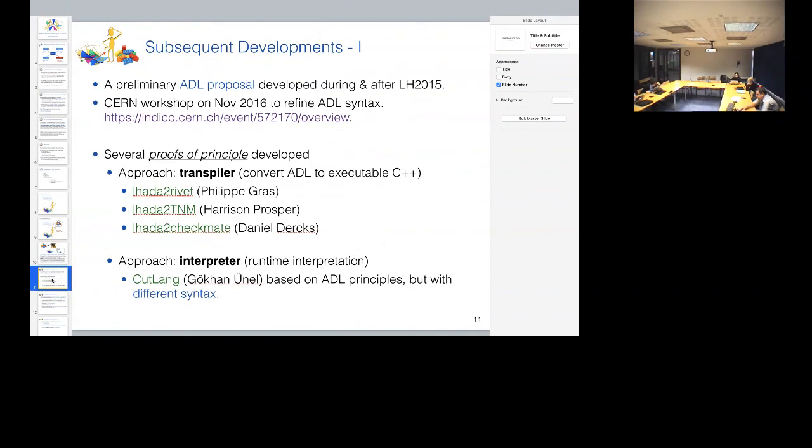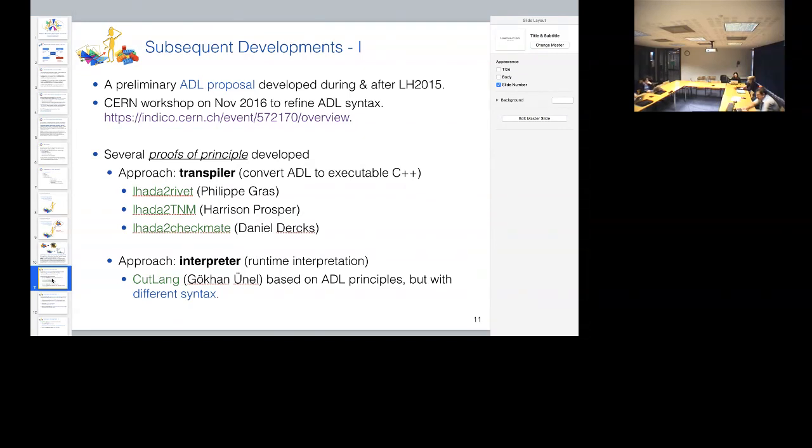And at that workshop, it was decided that really the only way to make real progress was to actually try to implement proofs of principle of this idea, by which we meant programs that could take this language and actually do something with it, such as running actual analyses. And so there are essentially two approaches that have been tried.